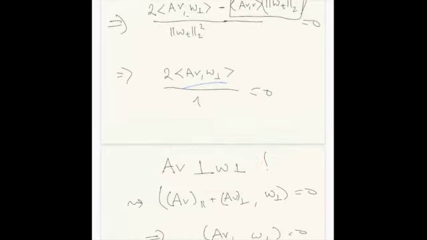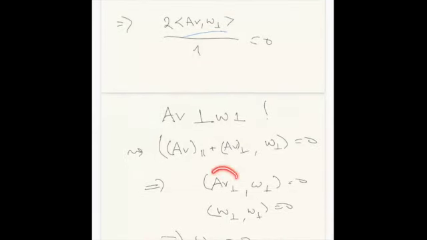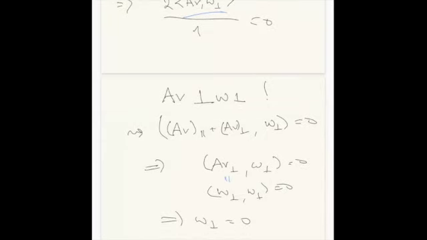But AB is the sum of a parallel part to V and a perpendicular part to V. And if you take the inner product of that with W perp, what you're left with is just the perpendicular part, because the inner product of the parallel part with the perpendicular is 0. This is equal to the perpendicular part, and ultimately we get that the norm of W perp is 0, but the only way for the norm of W perp to be 0 is if the vector actually were 0, which is a contradiction.